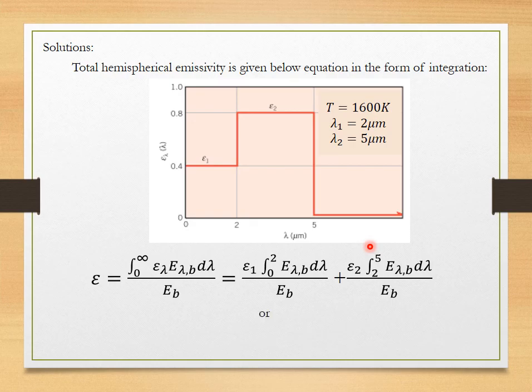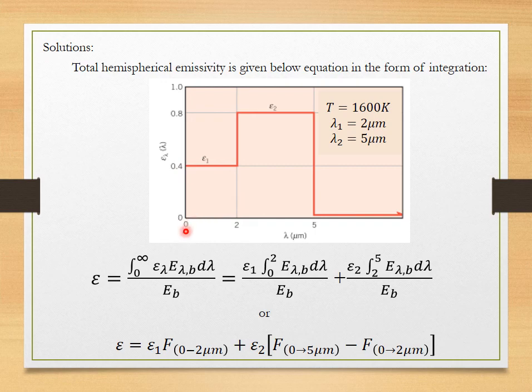Or we can use this equation: the total emissivity refers to emissivity 1 and the function of the blackbody 0 until 2 micrometer, so this one, and then emissivity 2, this one, with the function of 0 until 5 micrometer, and then minus 0 until 2 micrometer, which is here.